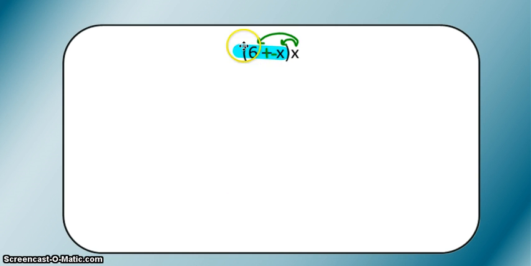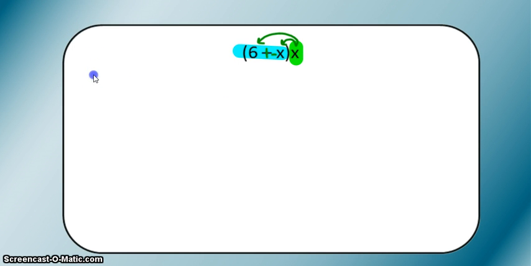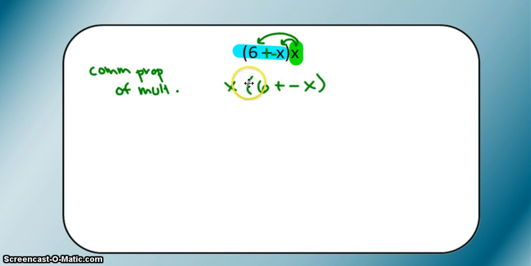So I'm going to take this blue and this green, and I'm going to use the commutative property of multiplication. Since I'm multiplying these 2 things, I can switch it around. So I just moved the x onto the other side. Now we distribute it.